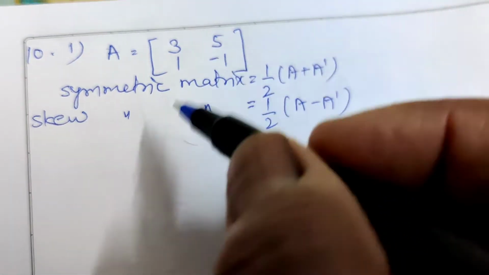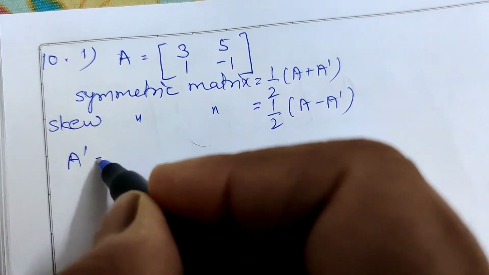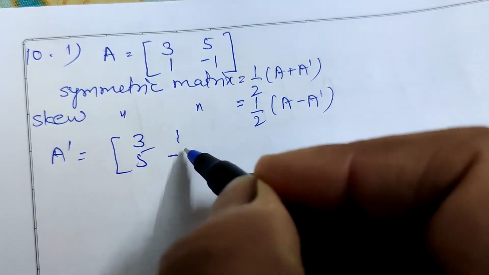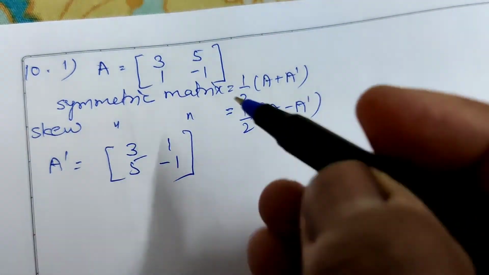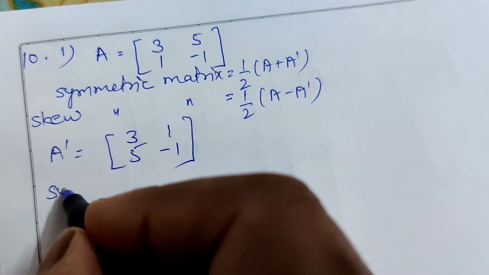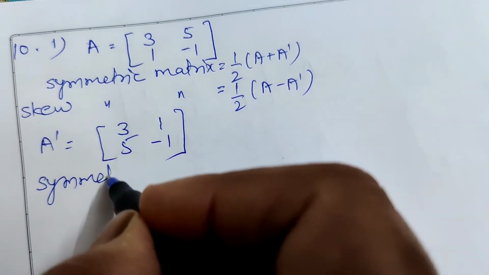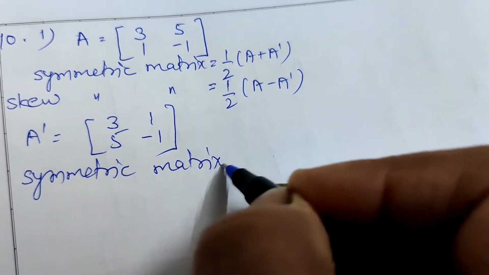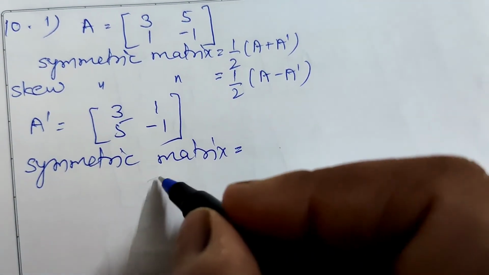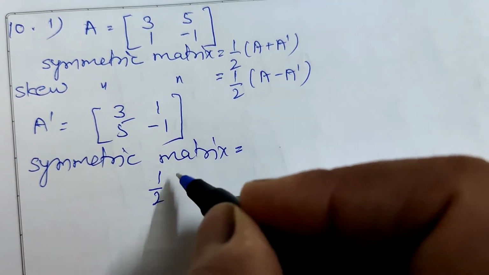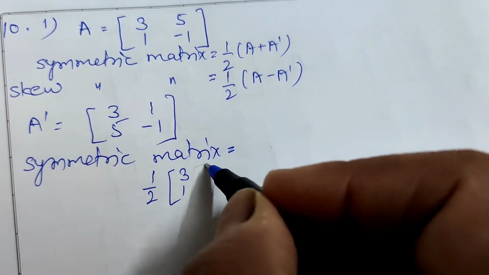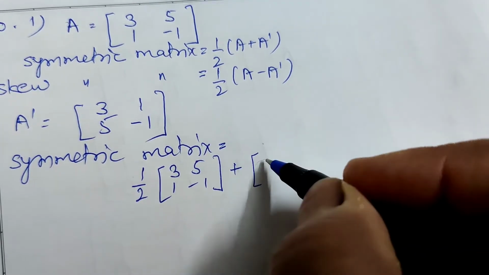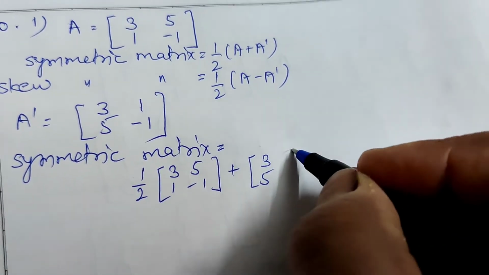Now first we have to find the transpose. It means this will be 3 5 1 minus 1. Now find the symmetric matrix. Symmetric matrix is equal to 1 by 2 of 3 1 5 minus 1 added to 3 5 1 minus 1.